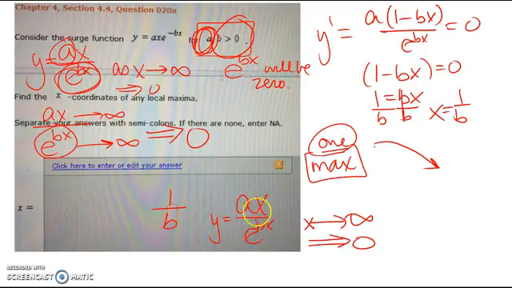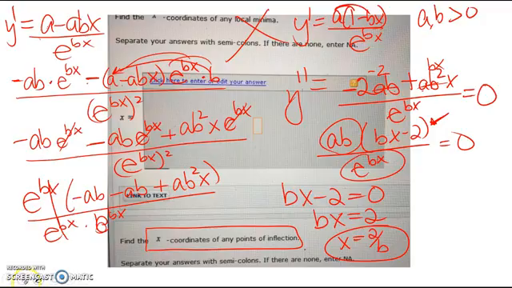If we look at an x of 1, an x of 2, an x of 3, this is all positive here, and it's heading towards 0, so it had to be a maximum. All right, let's move on.